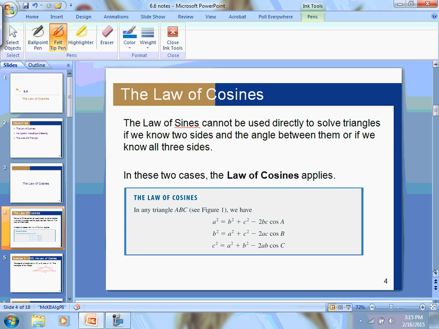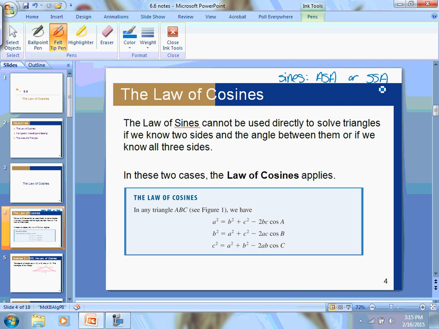Okay, now when we're dealing with the law of sines, you can only use the law of sines when you have, let me write this up here, an angle side angle set up in your triangle, or when you have a side side angle set up.